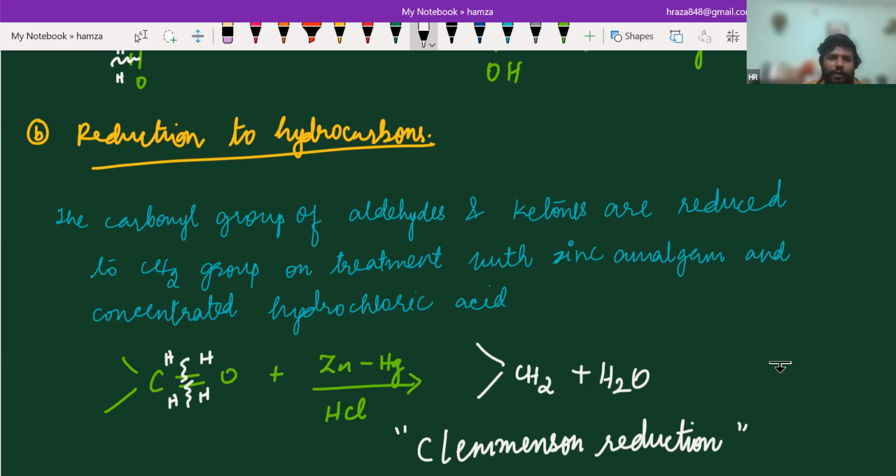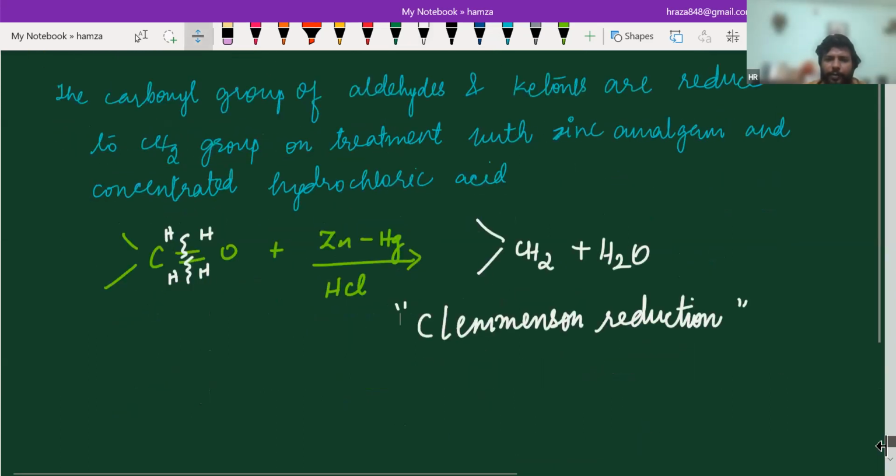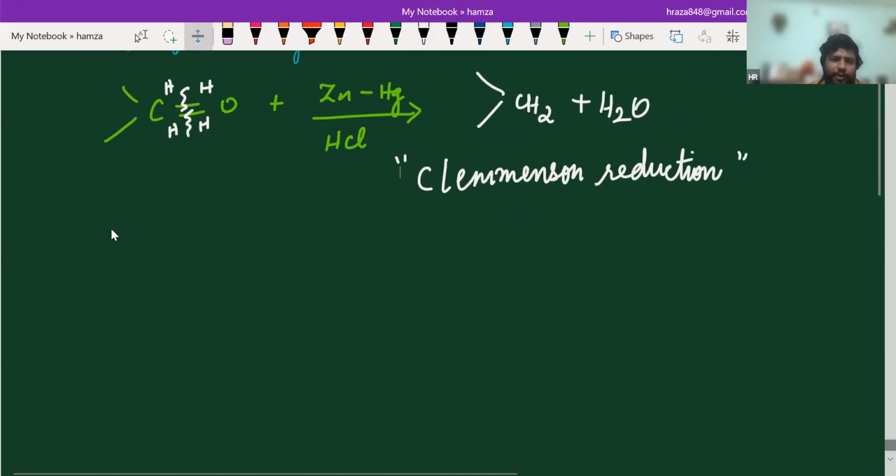Now there is another type of name reaction, that is Wolff-Kishner reduction. I'm going to write a point about this.